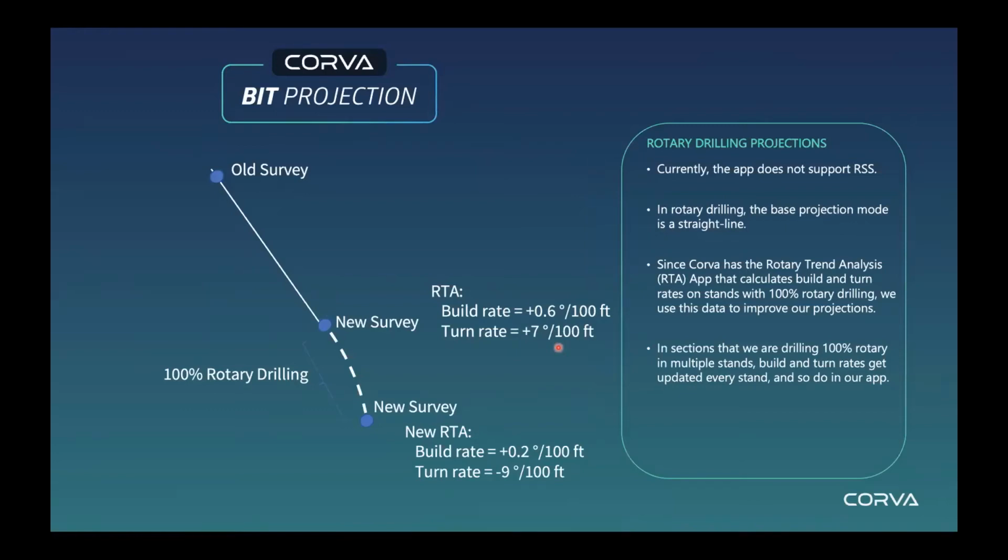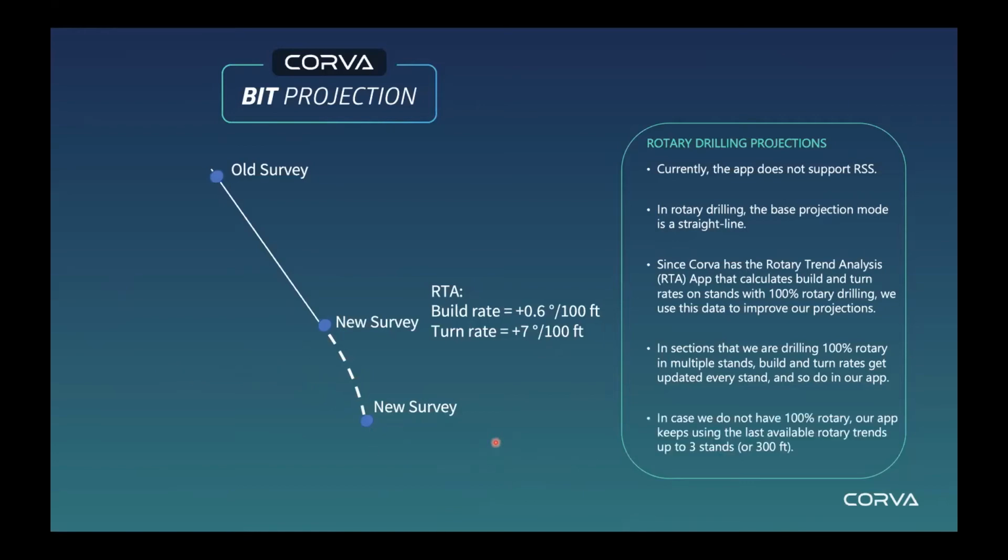And then on the next one, between these two intervals, if we have another rotary trend set of values that we can use, we'll use those to make our projections. On the other hand, if the previous was a rotary trend, we have those values stored in the back end. But if the interval between these two survey stations was not 100% rotary, then we can use the previous one.